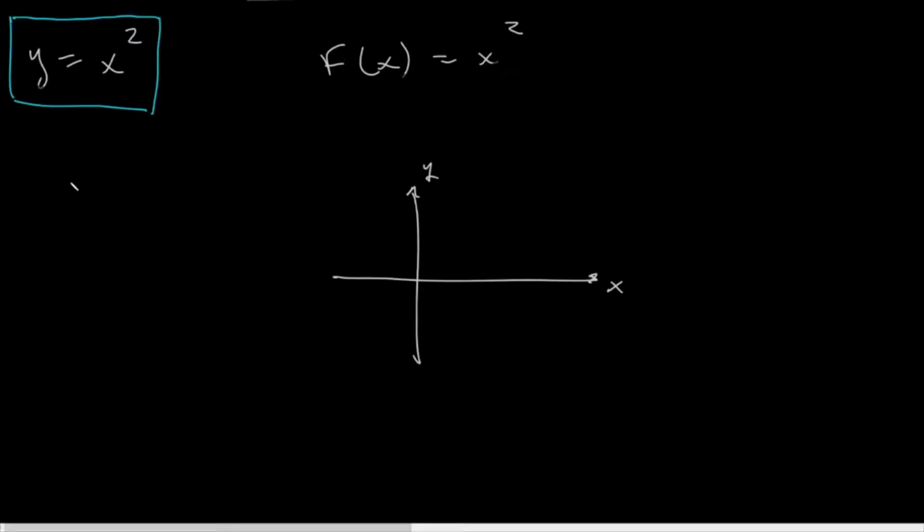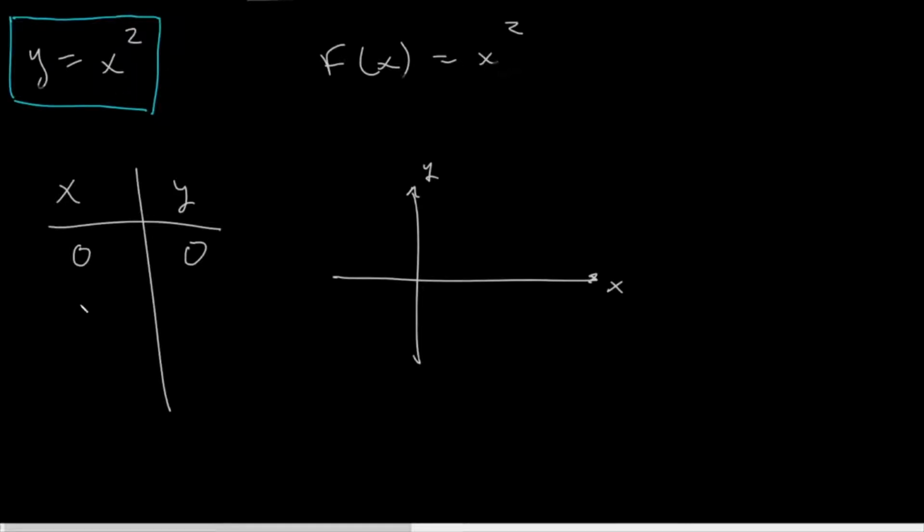So if I make a table of x and y values, I can find ordered pairs that satisfy this equation just by picking any old random x values, plugging them in, getting the y value, and then I can plot the ordered pairs. There's no strategic way to choose these, but usually x equals 0 is a good one. So y equals x squared, y equals 0 squared, so y will be 0.